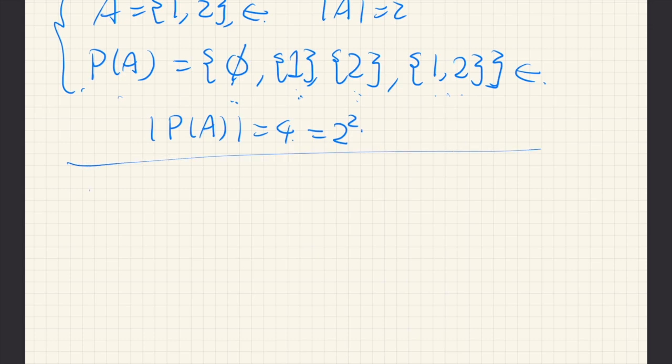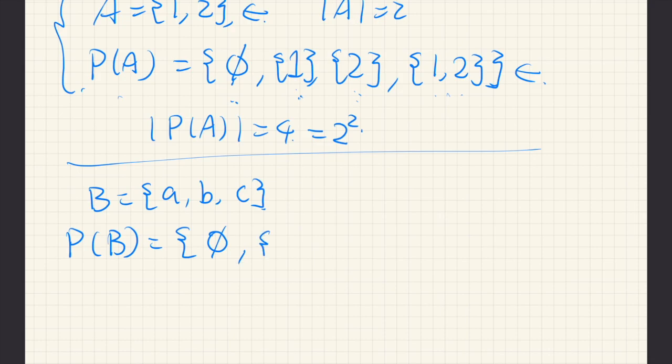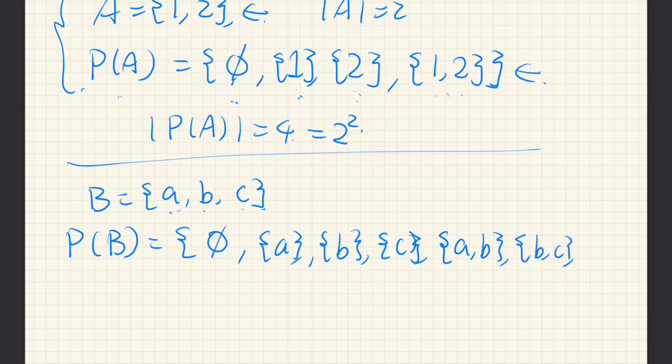Next example, consider B consisting of symbols a, b, and c. What's the power set of B? That is, of course, the empty set, and the sets consisting of only 1 element, a, b, and c, and the subsets consisting of 2 of the elements, so let's say ab, bc, and ca.